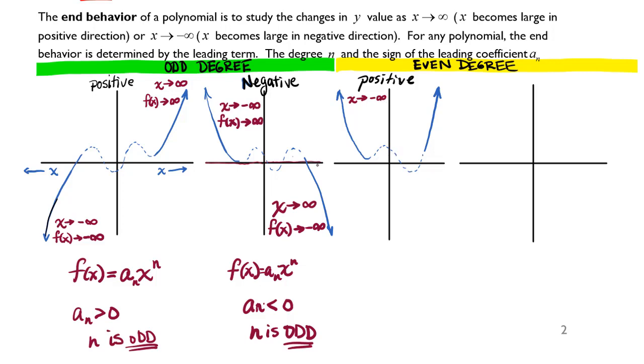In this case, we would say as x approaches negative infinity, that's moving to the left from 0, f of x approaches positive infinity. And hopefully you're seeing that the behavior on the right side of the graph is exactly the same, which means that as x approaches positive infinity, f of x approaches positive infinity.